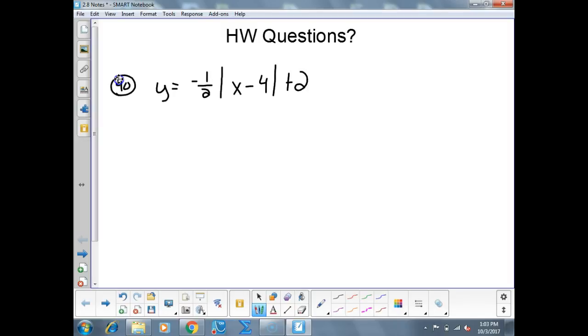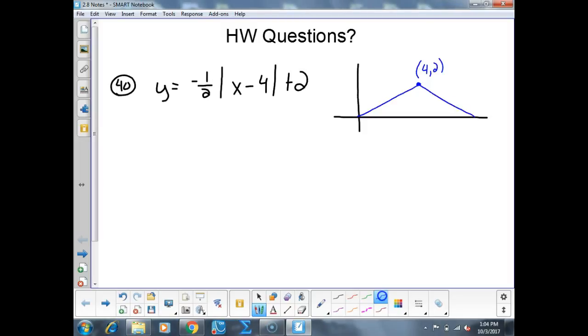Yes? Okay. So if I graph said equation, that's going to graph with a vertex at the point 4, 2, and then it's going to go like that and like that. Yes? Okay.